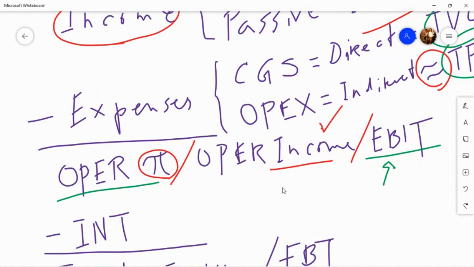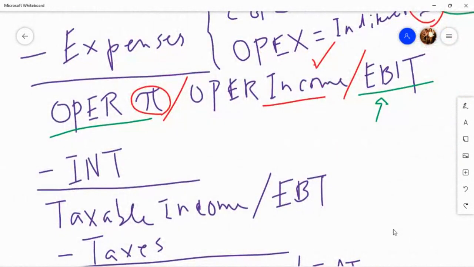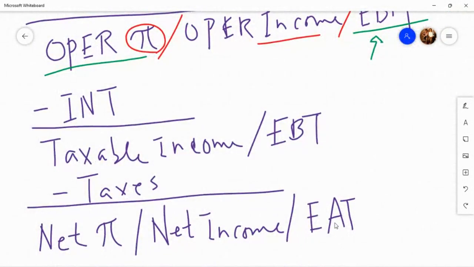And I said, this is why I don't like operating income. This is the term that's weird to be here. I don't like the way accounting uses terminology, but I understand, sometimes it is inevitable. But as long as we are talking about the corporate income statement, then calling this operating income is inappropriate. Then we subtract interest from operating profit, and that will be taxable income.